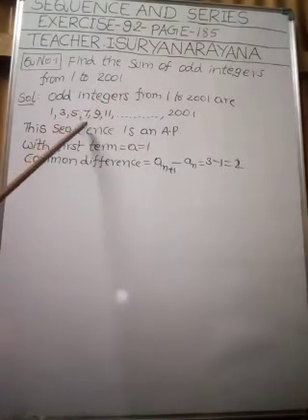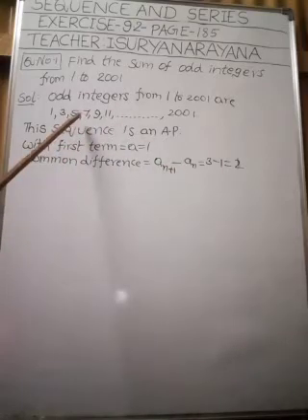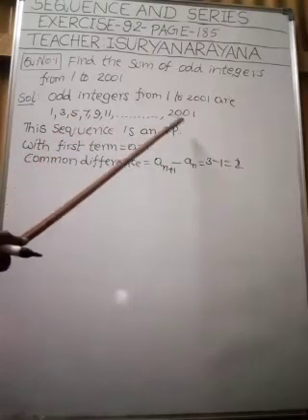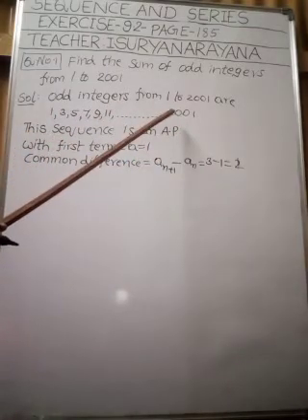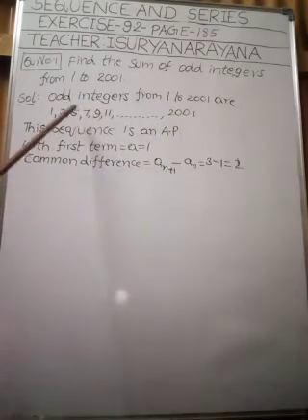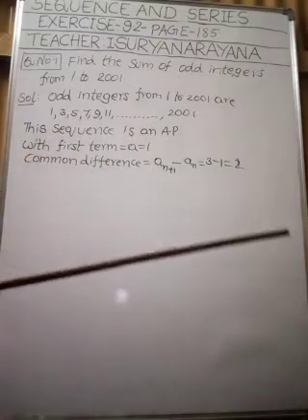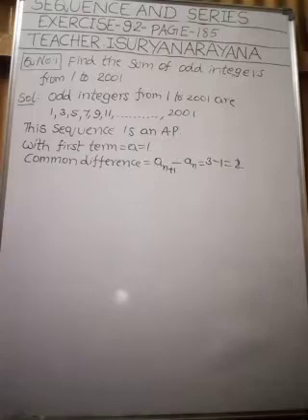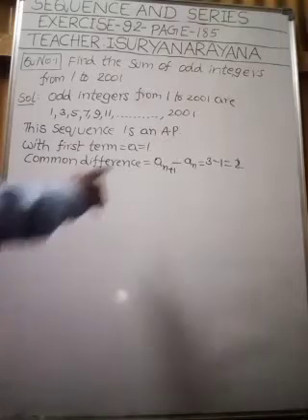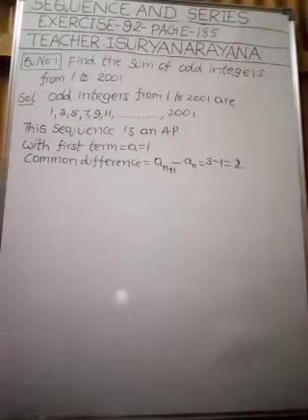But to find the sum of odd integers from 1 to 2001, we have to find how many terms are there in this sequence. So this is the last term, the nth term, yes or no, my children?